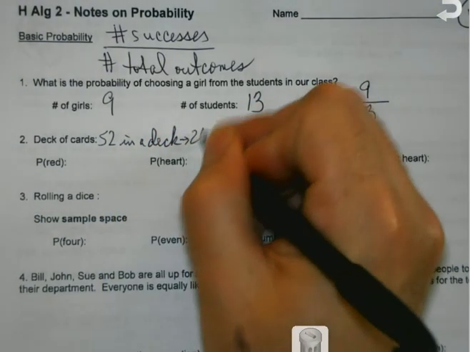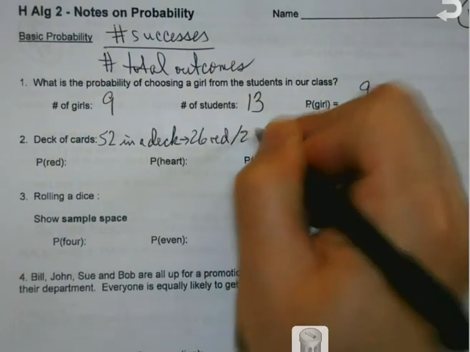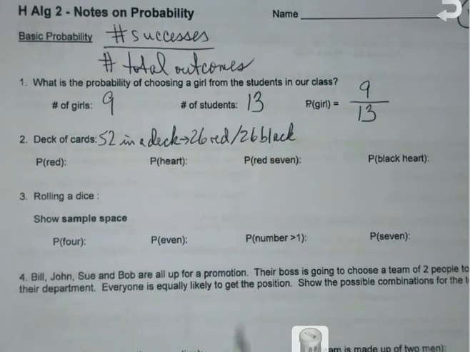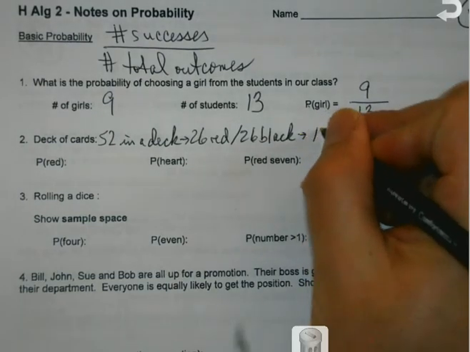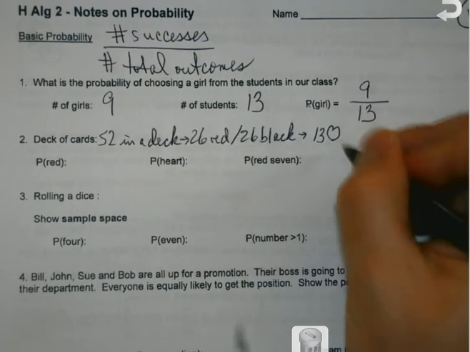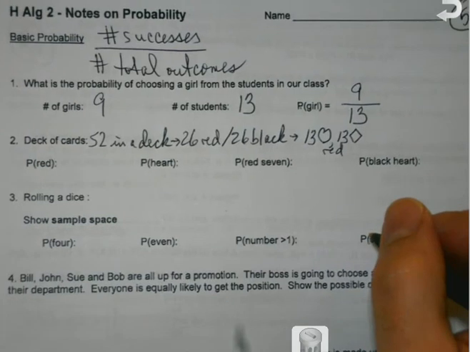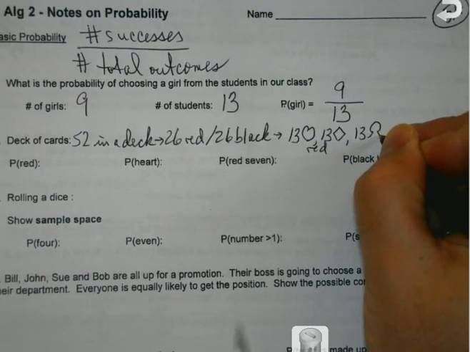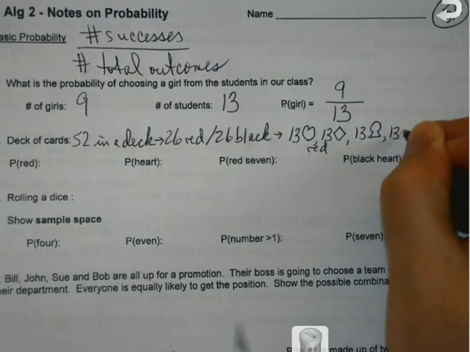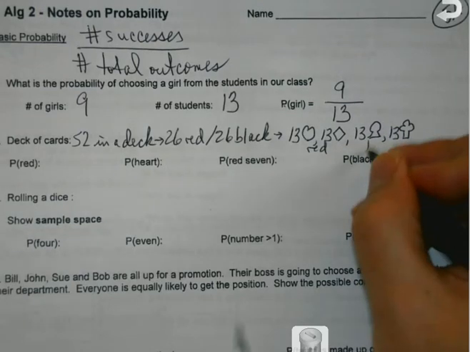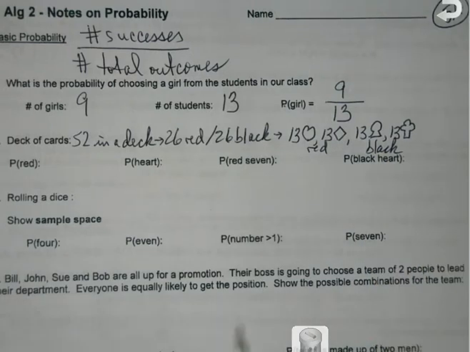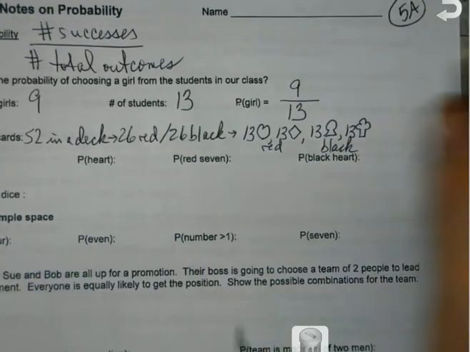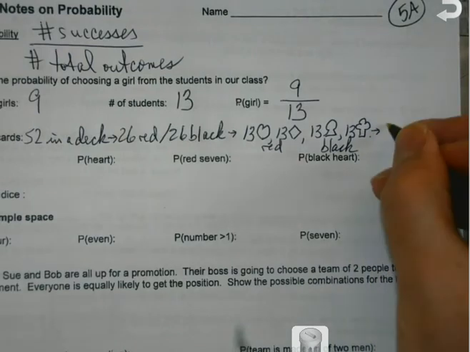Out of those, they're split up into 26 red cards and 26 black ones, which are then split up into 13 hearts, 13 diamonds, those are my red ones, 13 spades and 13 clubs. Those are my black cards. And then the individual cards from that.